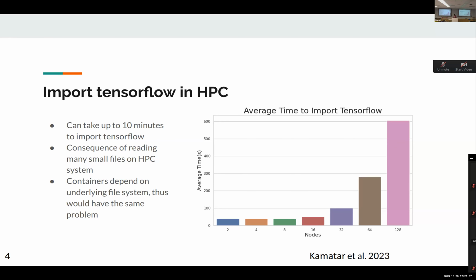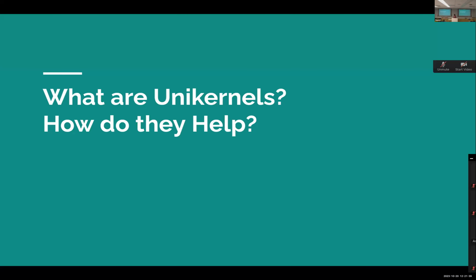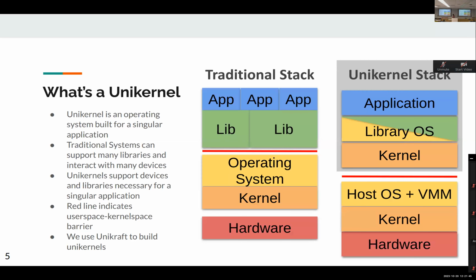So what are unikernels and how can they help? Just quickly, a unikernel is an operating system built for a singular application. You can think of it as, in your traditional system, you have your operating system and your kernel, and you support many libraries, many devices, so you can support all of your applications.